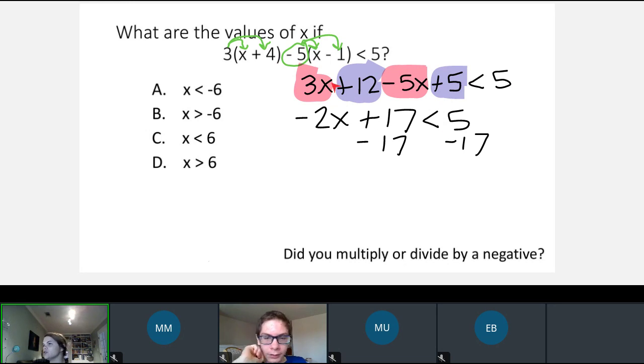Okay, so after we distributed and got to this first line here, do you see how I got negative 2? Does that make sense how I got that negative 2x? Wait, no, that was from earlier.